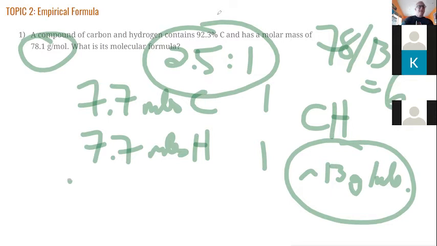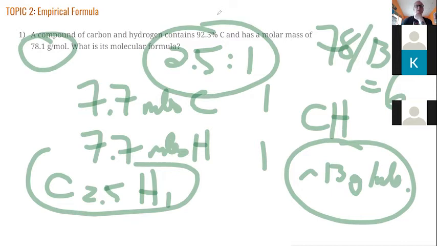If we had C2.5H1 as our empirical formula, what will we change that to? 5 to 2. Right, we would change it to C5H2, because we have to have whole numbers.